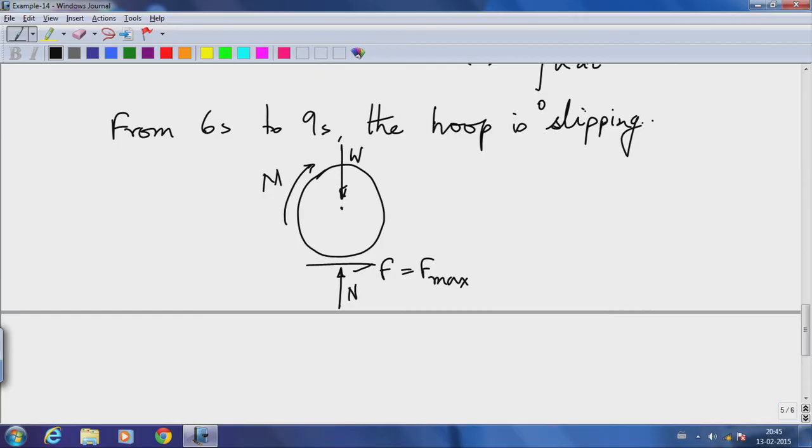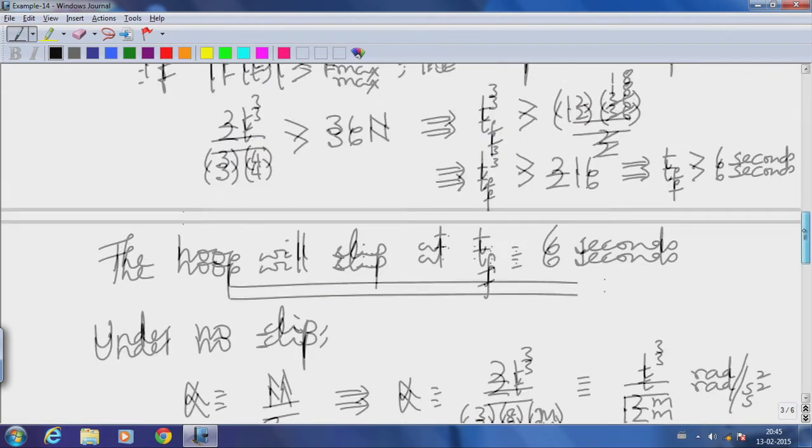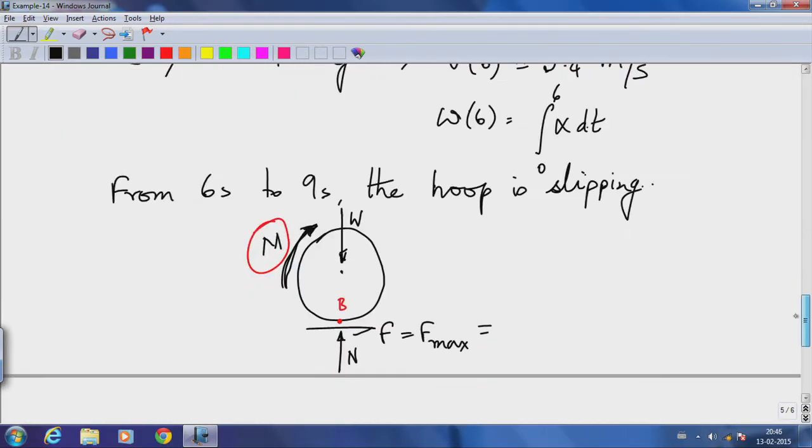So, in other words, this counteracting moment m has exceeded the value below which it needs to stay for the friction force to cause no slip at the point of contact B. So, for all other points, the traction force between the tire and the road takes on the maximum value of the friction possible, which we calculated to be 36 newtons.